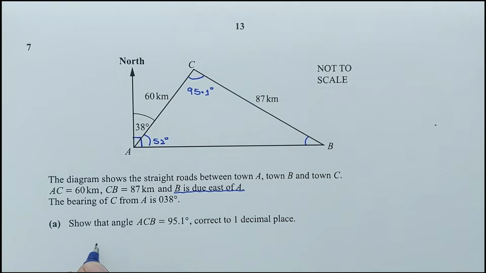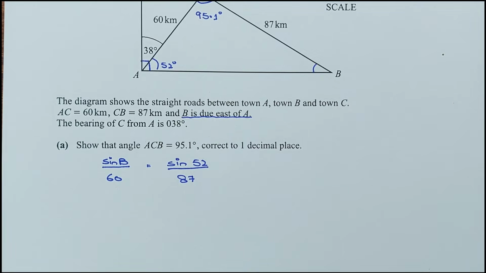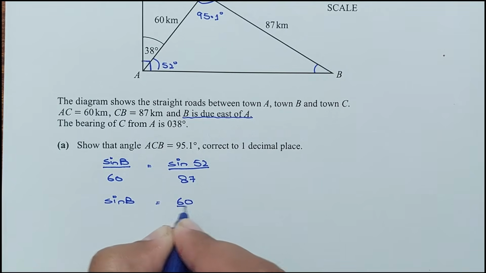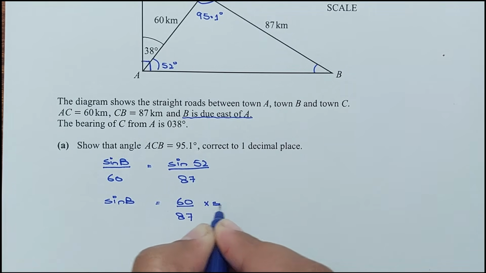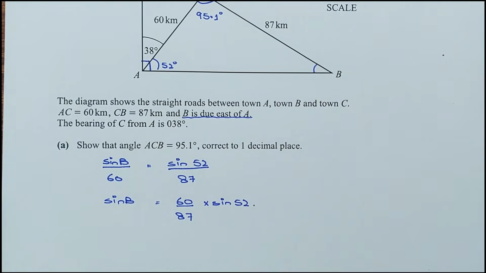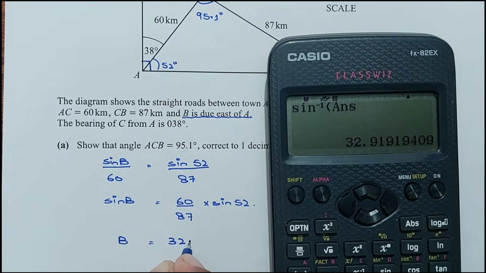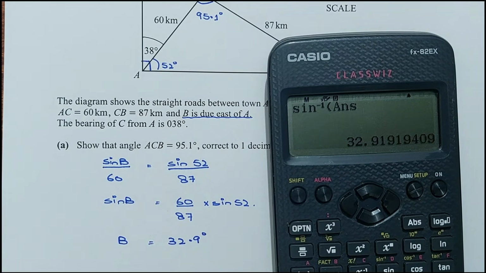So we can say sine B over its front side, 60, equals sine of A, 52, over the front side, 87. Now sine B should be 60 over 87 times sine of 52. 60 divided by 87 times sine 52 degrees, and doing sine inverse of the answer, in degrees, B should be equal to 32.9 degrees, correct to 1 decimal place.